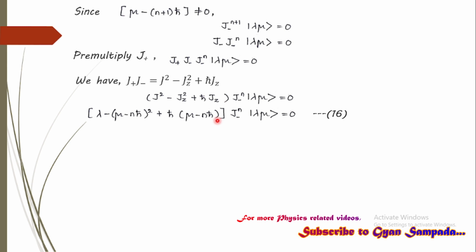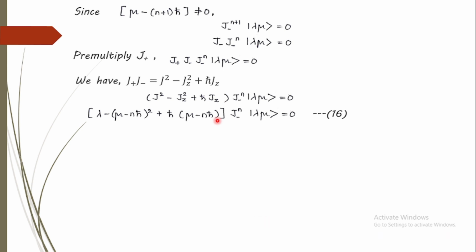This is without violating the condition lambda greater than or equal to m square, which is equation number 4. Here we know that j minus raised to n ket mu cannot be equal to 0. Thus, for the validity of equation number 16, the first part in the bracket has to vanish, which we call equation number 17.